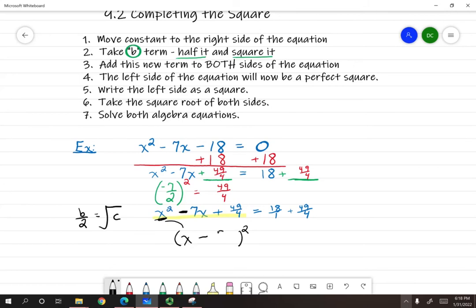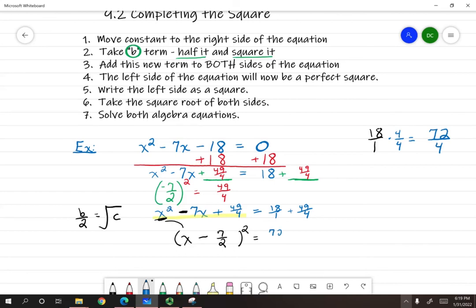Half of 7 is 7 halves. The square root of 49/4 is 7 halves. Those are the same thing. Now let's do the right side. I need a common denominator. 18 over 1, I'm going to multiply by 4 over 4. That, I believe, gives me 72 over 4.